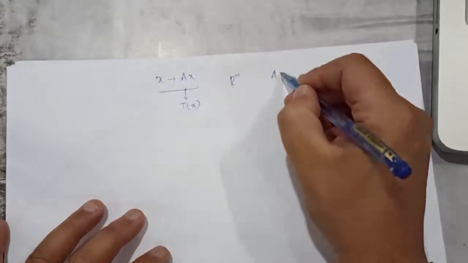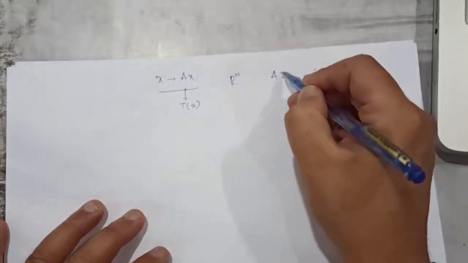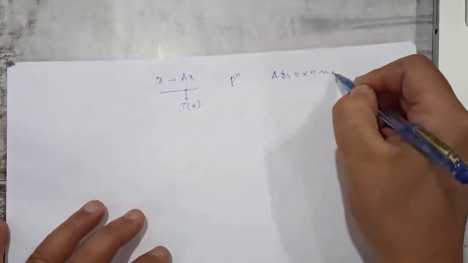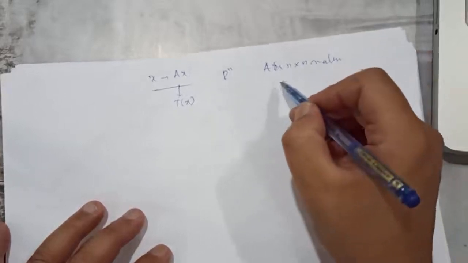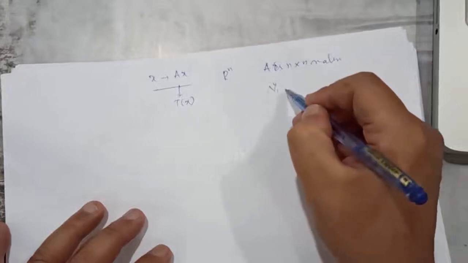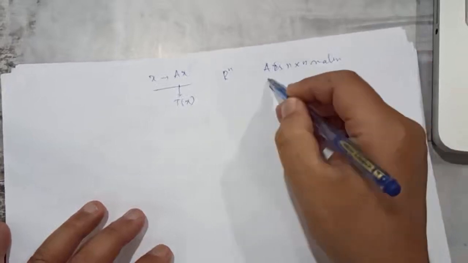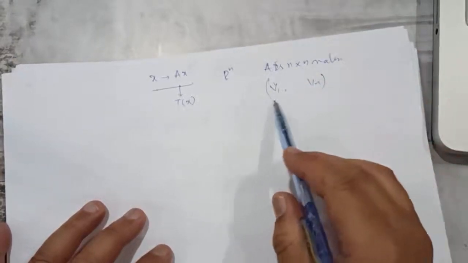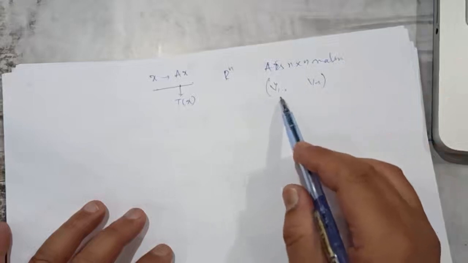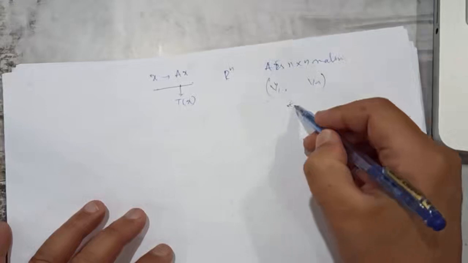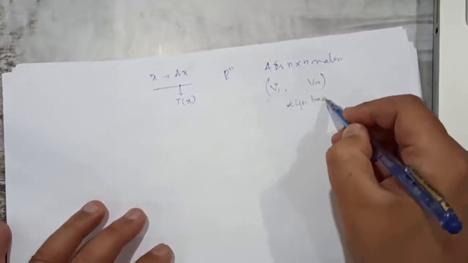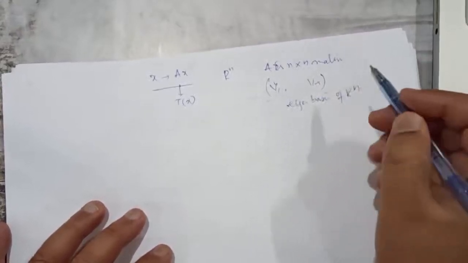So if A is an n by n matrix, with eigenvalues lambda and correspondingly eigenvectors v1 to vn, they should form the eigen basis for R^n. Okay.